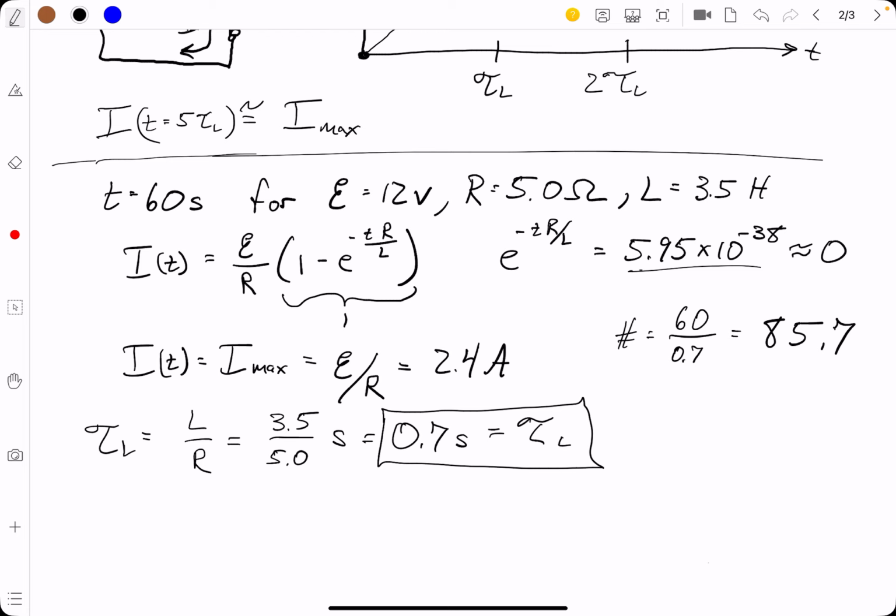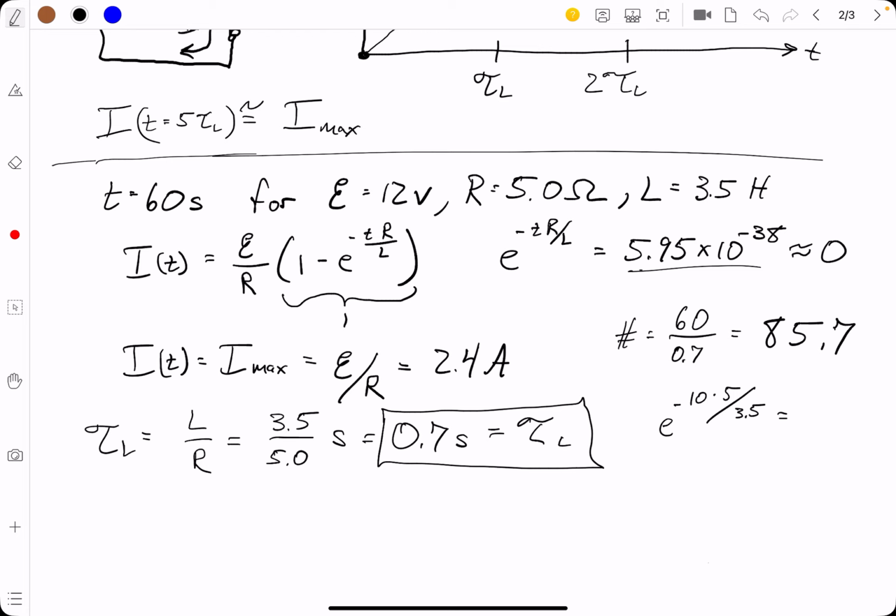What happens at 10 seconds? So e to the minus 10 times 2.5 divided by 3.5. What is that? So 50 divided by 3.5, and that's 100?